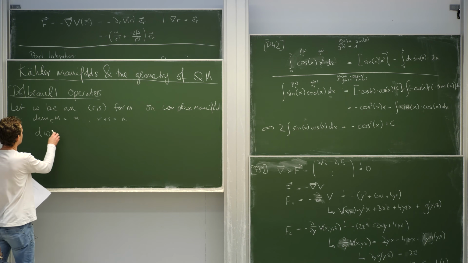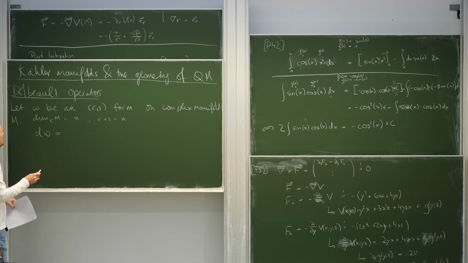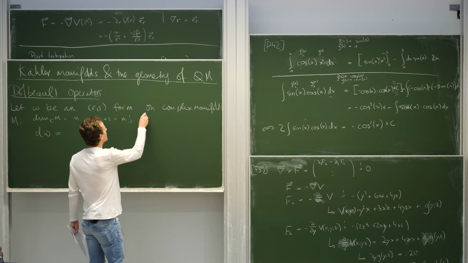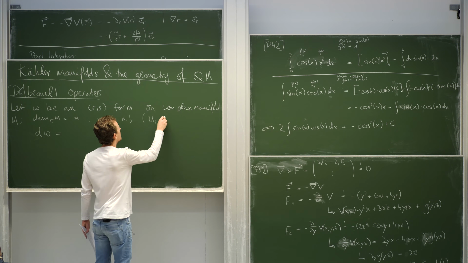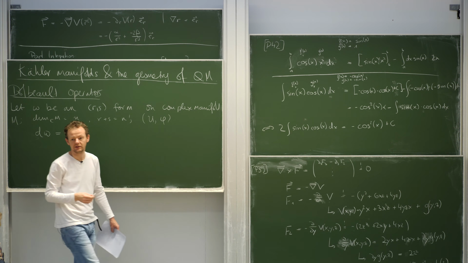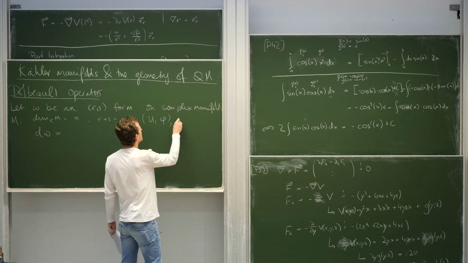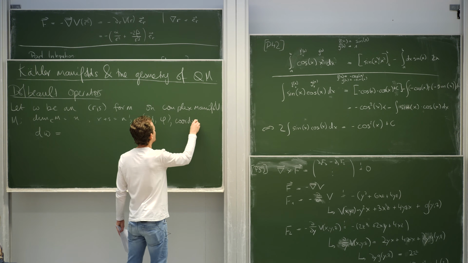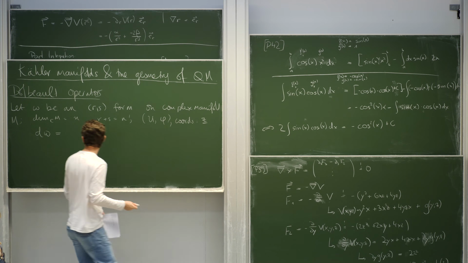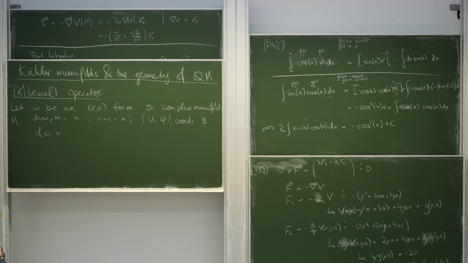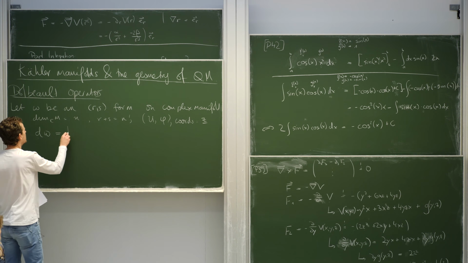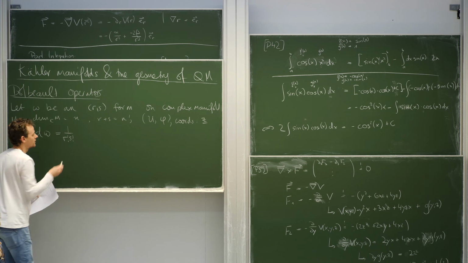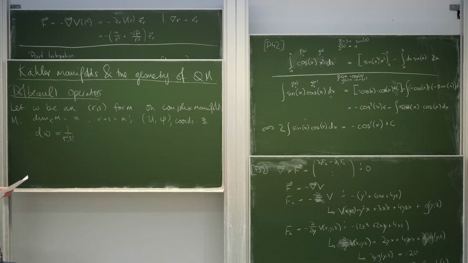Now, if you choose to write this out in some chart with complex coordinates z, then we can write the exterior derivative out in terms of real and imaginary components as before, or we can write it out in terms of our complex variables, z and z bar.